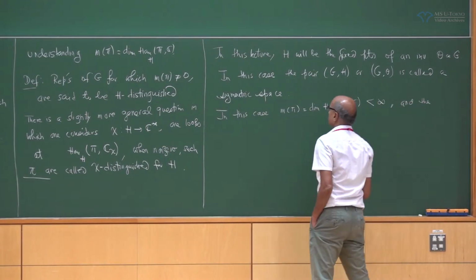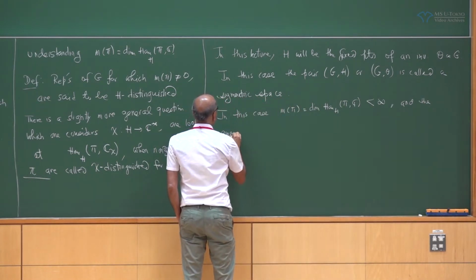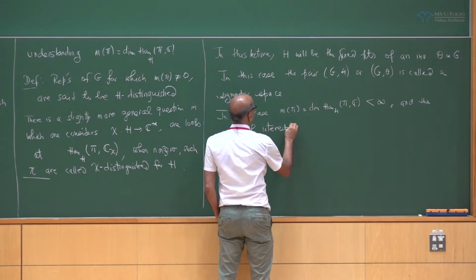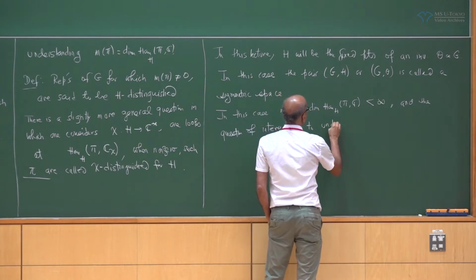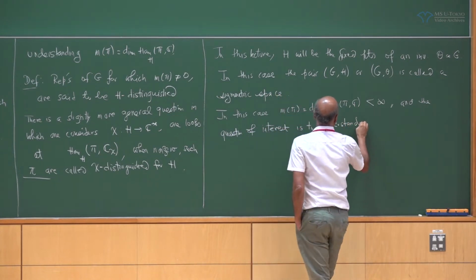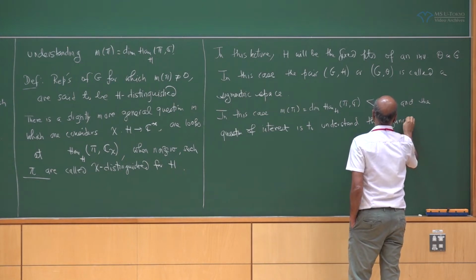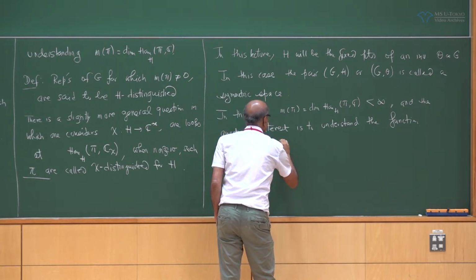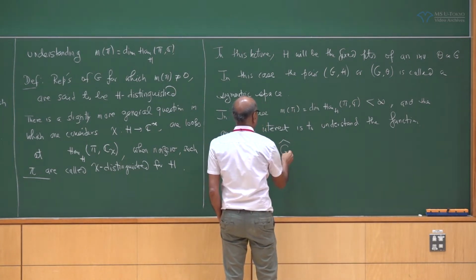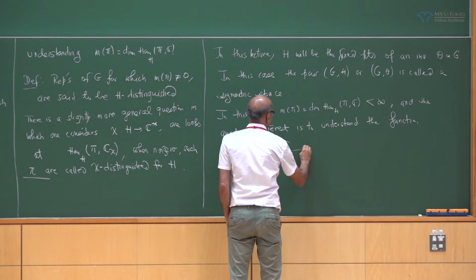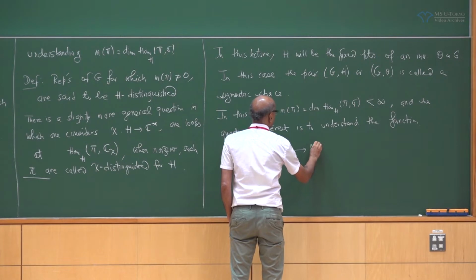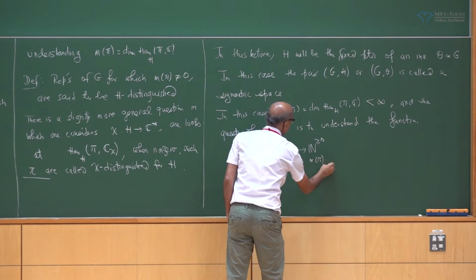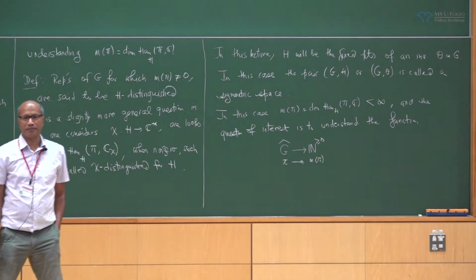One might say one looks at G hat, the irreducible representations of G, and there is this mapping to integers n greater than or equal to 0, which sends pi to m pi. The question is to understand this function as precisely as one can.